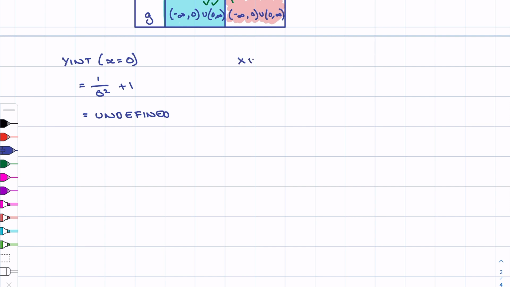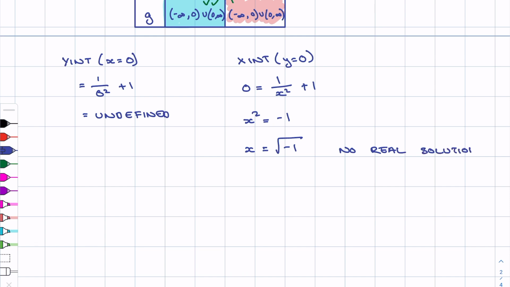We're going to consider our x-intercept. y equals 0, and we're going to have 0 equals 1 on x squared plus 1. This in turn is going to give us x squared equaling -1, and then x equals the square root of -1. So there are imaginary solutions to this, but no real solutions that we want to consider.